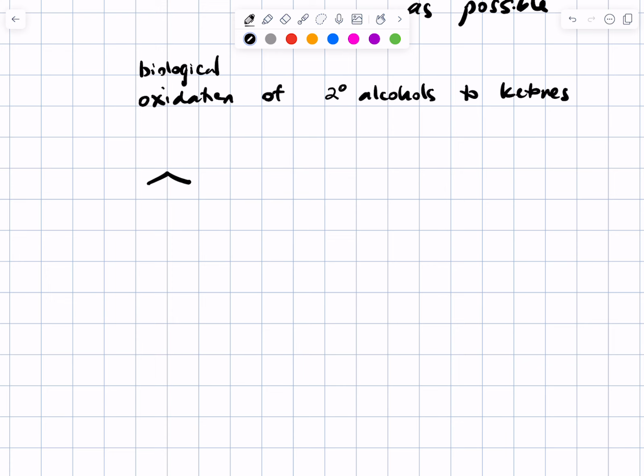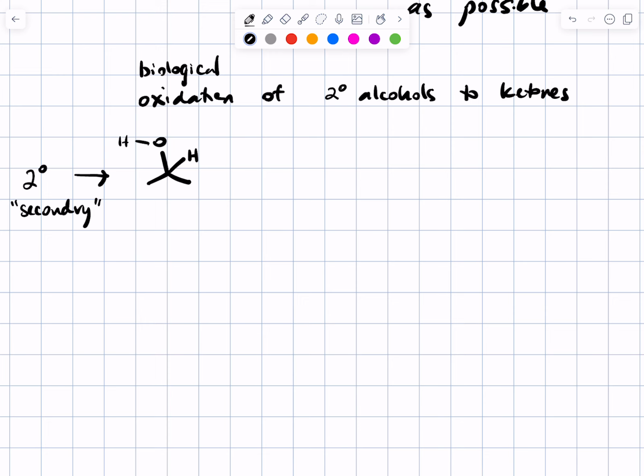So a secondary alcohol is one where the OH is attached to a carbon that's also bonded to two other carbons. So a secondary alcohol, that's what this symbol means, secondary. Secondary alcohol means a carbon that's bonded to two other carbons and then an OH and then a hydrogen.